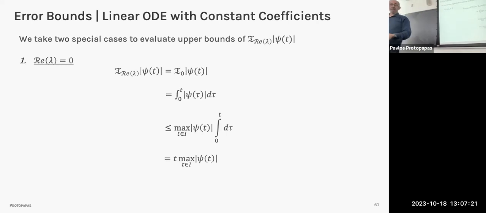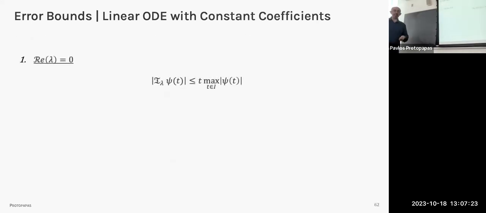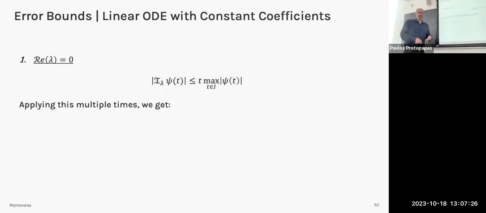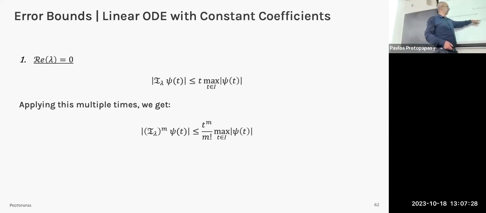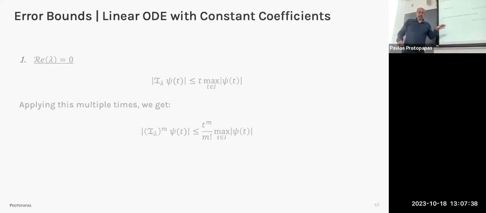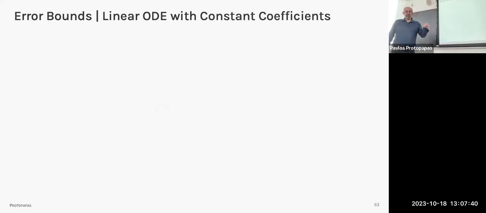Then we apply this one after the other, and you get some t to the m times the maximum of this, and then the factorial, because it's an integral of an integral of an integral, so you get that. Loose. But now if the real value of lambda is bigger than 0, I'm not going to bother because it seems that it's unbounded.